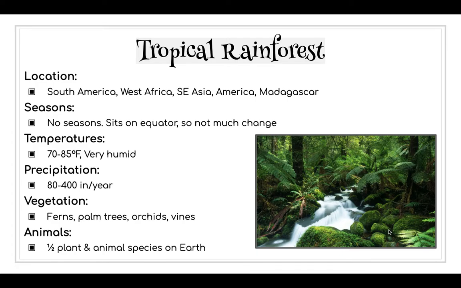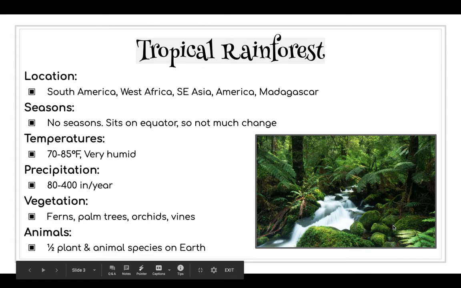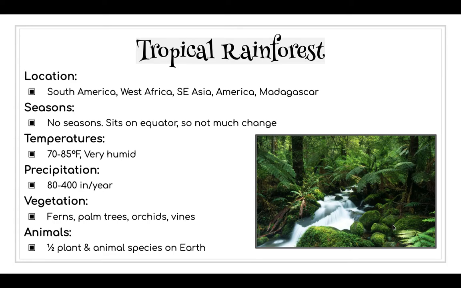A lot of the leaves fall and decompose down here. The only vegetation you'll see is moss on the floor, because it is very, very wet. Animals, there's a ton of animals, way too many to list. About half the plant and animal species on Earth actually live in the tropical rainforest.